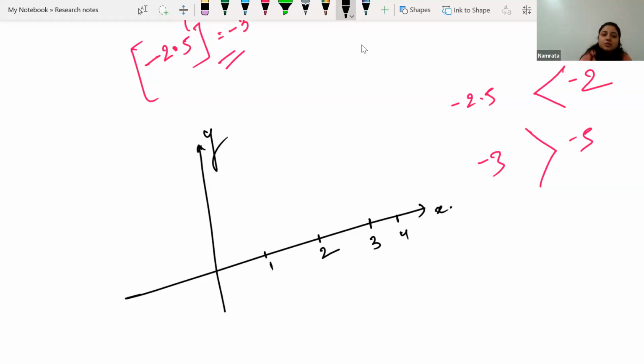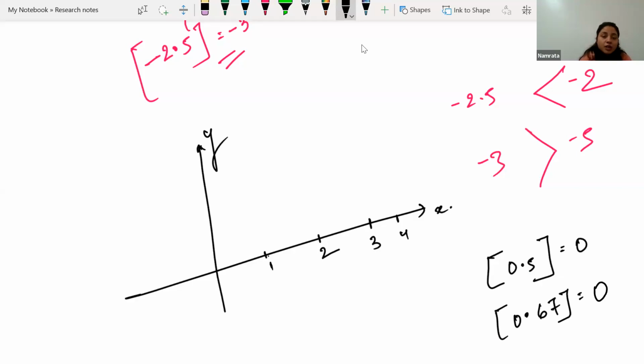In between 0 to 1, whatever we take inside it, if we have, let's say, 0.5, the result will be 0. If we have 0.67, the result will be 0, because again, it is the nearest integer which is smaller than or equal to 0.5. So smaller than 0.5 is 0.